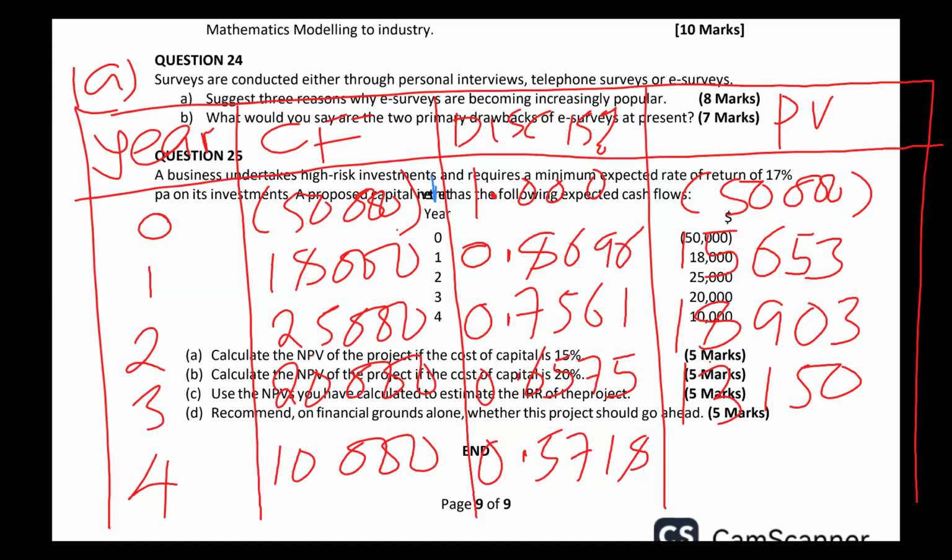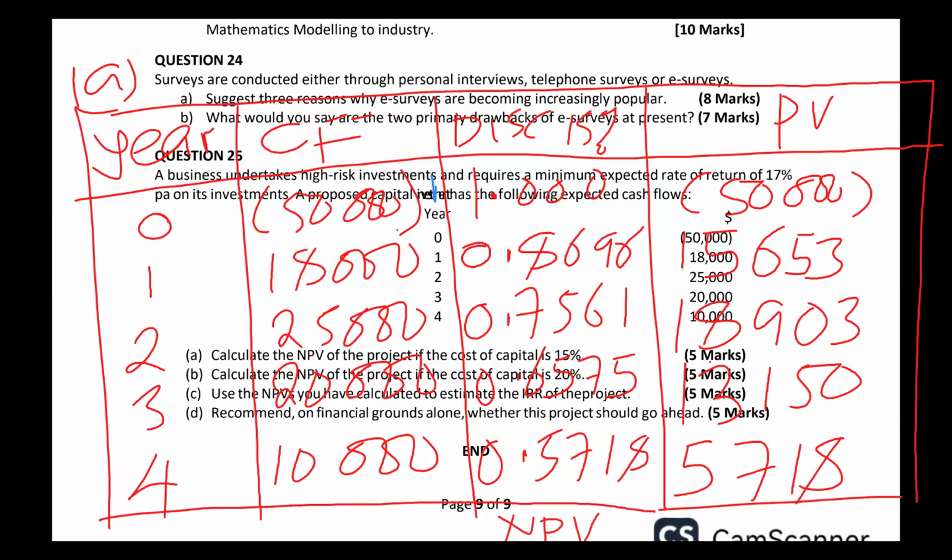Giving us 5,718. Okay. So now to find the net present value, you simply add all these which are positive.